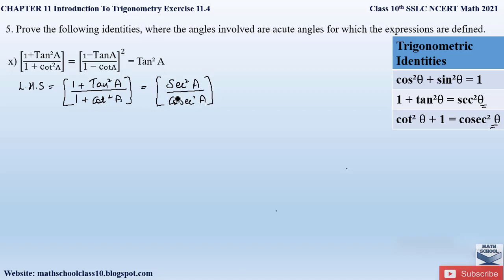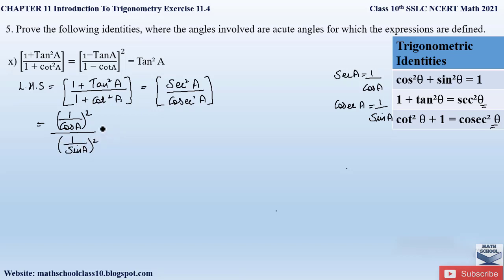Now next we will write down the secant and cosecant in terms of sine and cos. So secant A can be written as 1 by cos A and cosecant A can be written as 1 by sine A. So secant square A is 1 by cos A the whole square, divided by cosecant square, which is 1 by sine A the whole square.